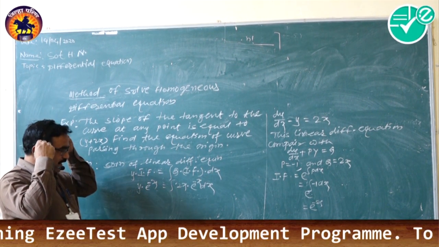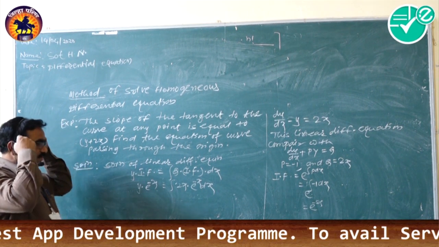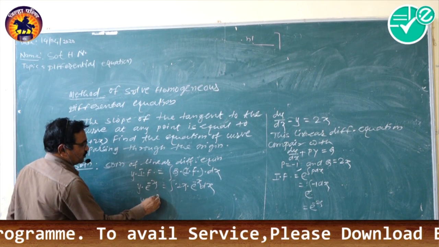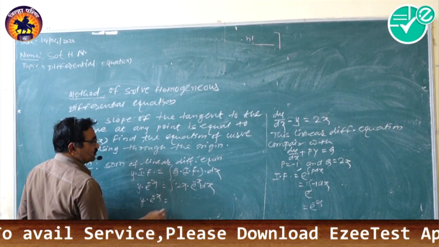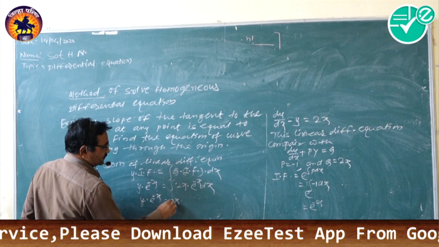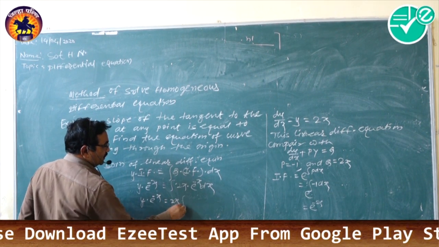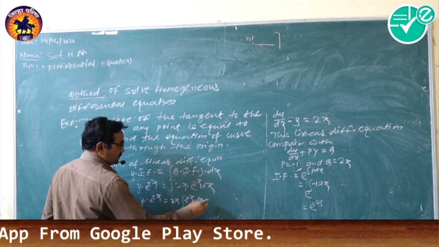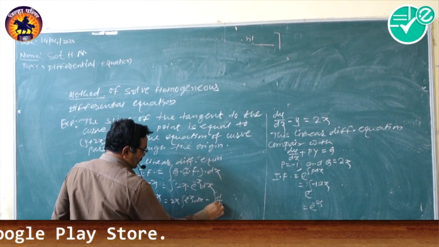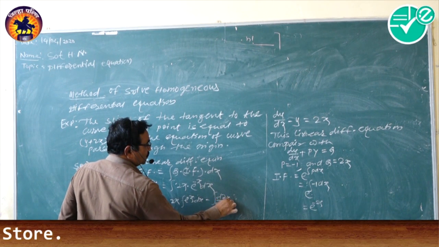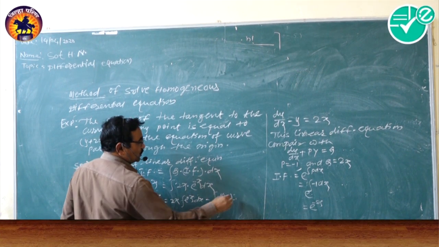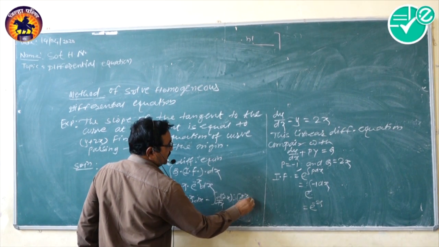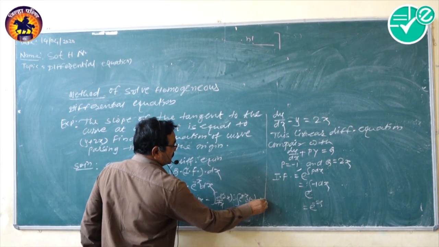By using integration by parts, we solve this as y into e raised to minus x is equal to 2x into integration of e raised to minus x dx minus integration of d by dx of 2x into integration of e raised to minus x dx into dx.